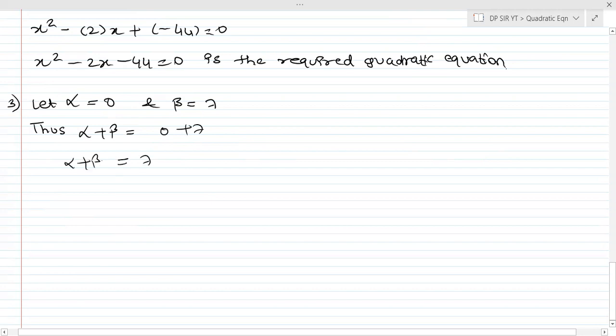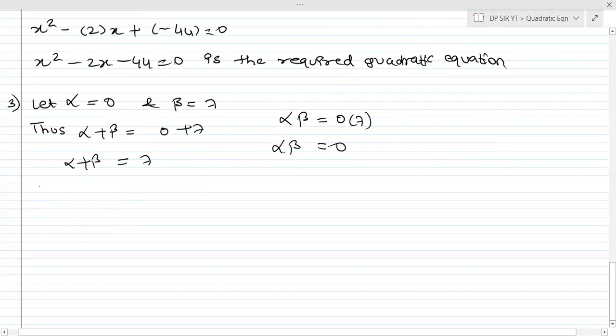So alpha plus beta is equal to 7. Alpha into beta, 0 into 7. Zero itself. So alpha beta का वैल्यू क्या आया तुमको? 0.